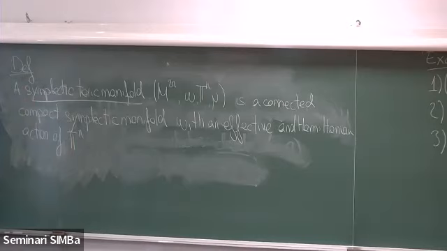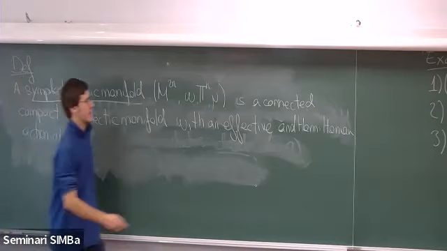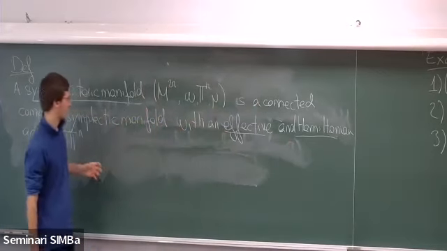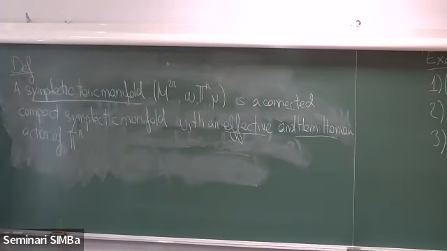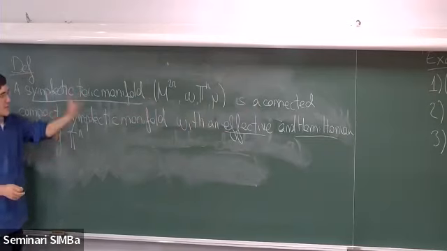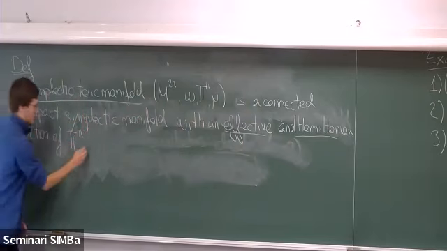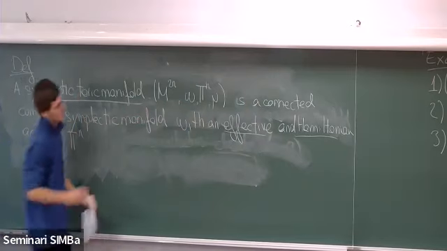So, what does it mean? The key part here is that this action is effective and Hamiltonian, and effective means that the only element of the group that doesn't move anything is the neutral element, the identity of the torus. And Hamiltonian means that there exists a moment map for this action. So let me define Hamiltonian.